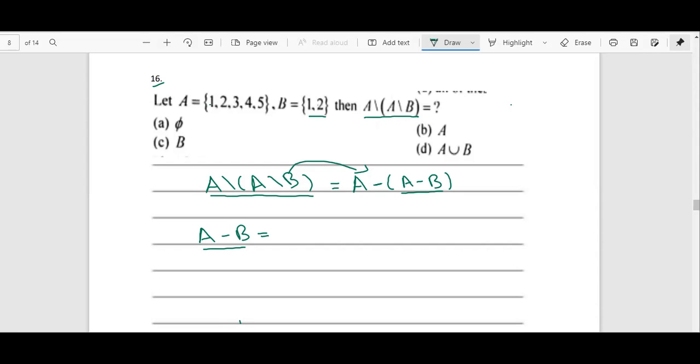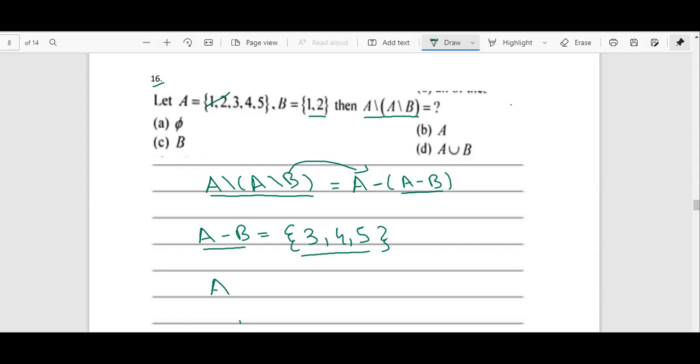Obviously, I need to cancel this part and I'm left with 3, 4, 5. Okay, so an easy understanding of A minus B could be that you need to take out the elements of B which you have in A, and the elements of B which I had in A are 1 and 2. So I simply have written the set A without 1, 2, right? So this is A minus B.